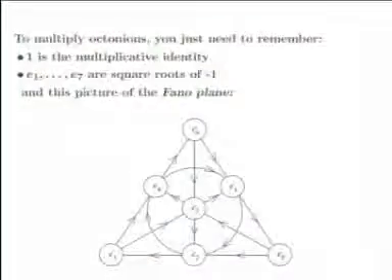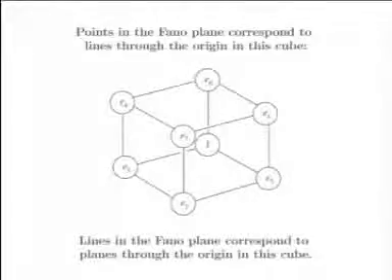So this is a little bit of a digression, but what we're really doing is projective plane geometry over the field with two elements. This Fano plane is the projective plane over the field with two elements. So the fact that 2 cubed is 8 is really what's at work here.